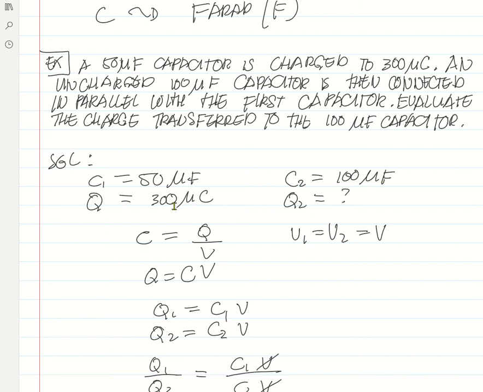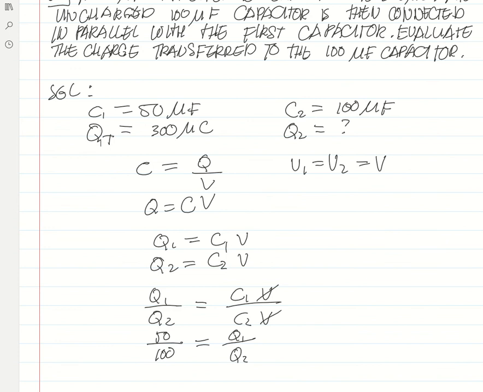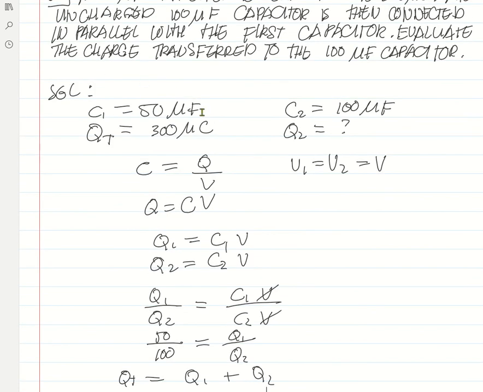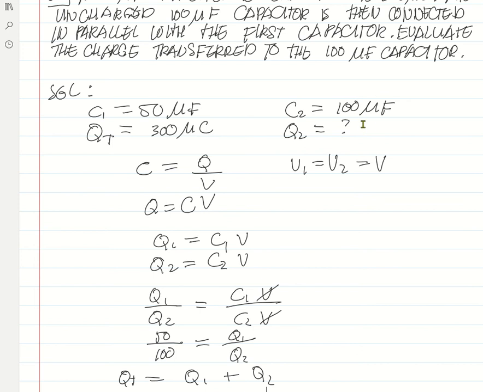So this 300 microcoulomb is the total charge. If we add Q1 and Q2, the total charge Q total should be equal to Q1 plus Q2. What is Q1? This is the new charge in the 50 microfarad capacitor. And Q2 is the new charge of the initially uncharged capacitor.